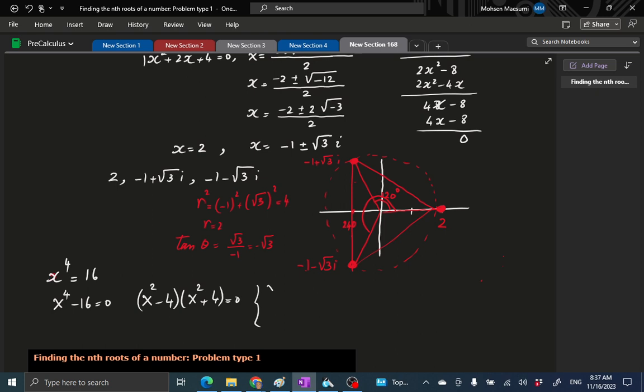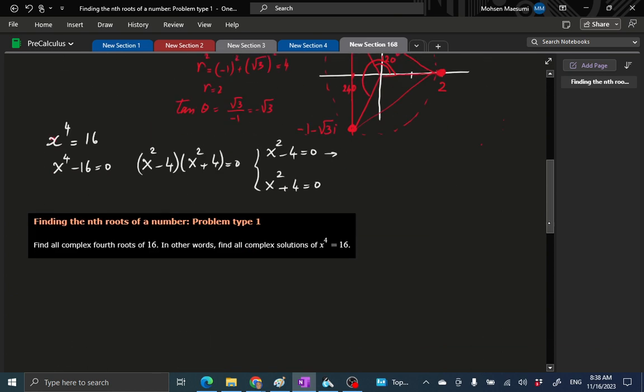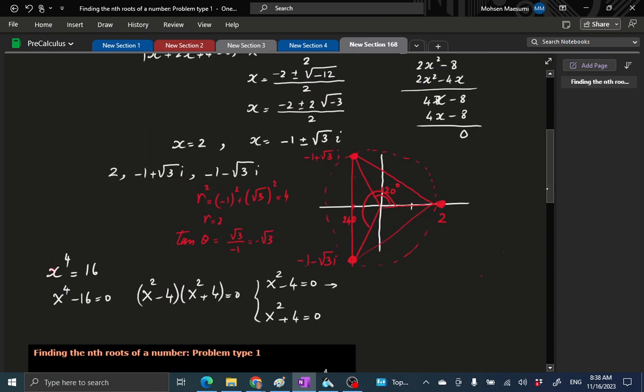So I have two equations, either this one or this one. That one we just saw a moment ago, just like the quadratic we did with 9. This is with 4, so no problem there. And I get x is equal to 2 and minus 2.